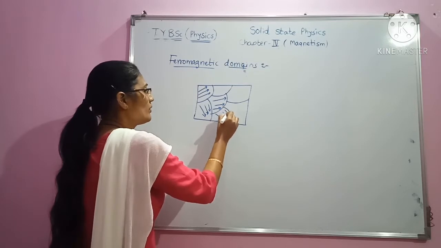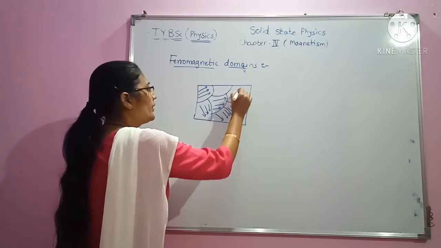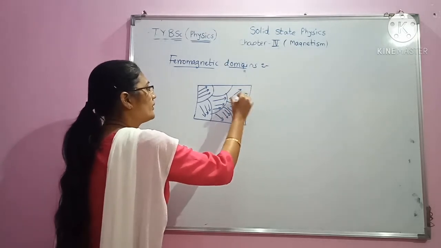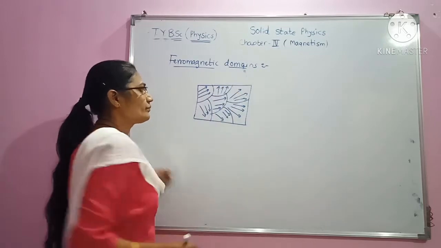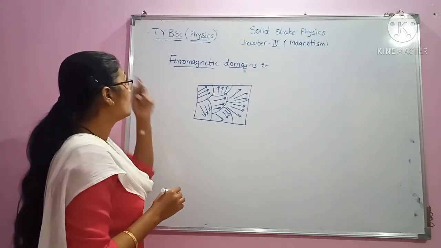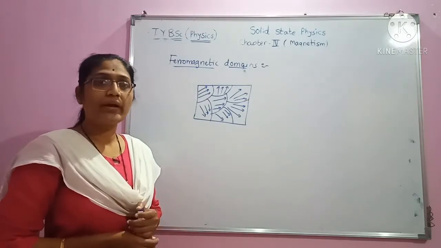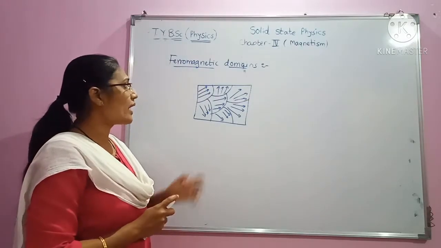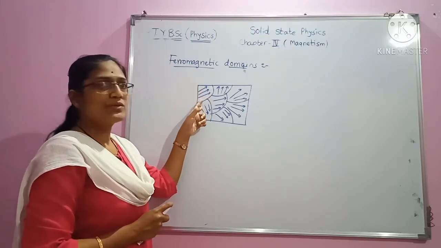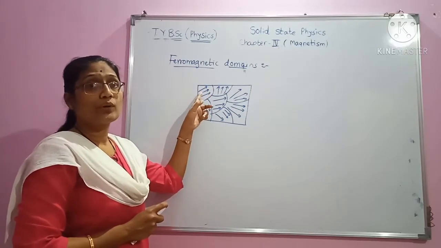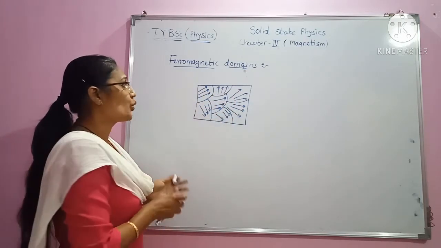So, what are ferromagnetic domains? In ferromagnetic materials, there are regions which consist of dipole moments oriented in a particular direction, and each such region is called a domain.